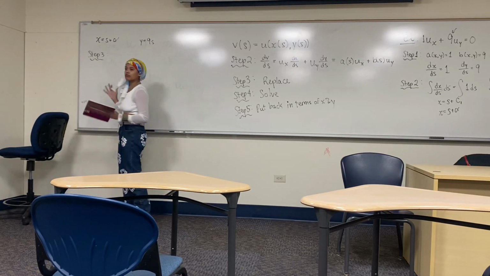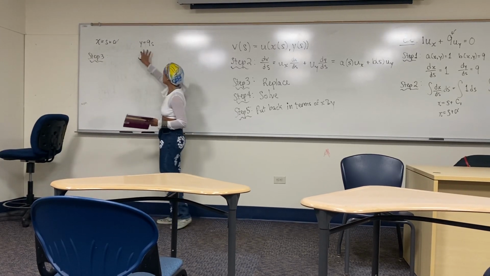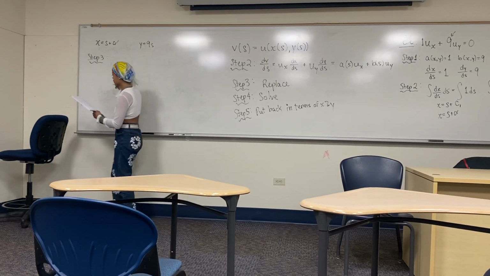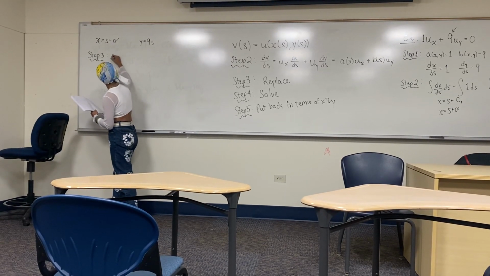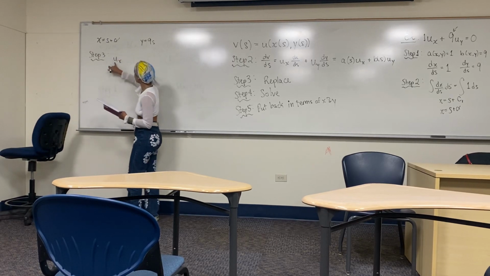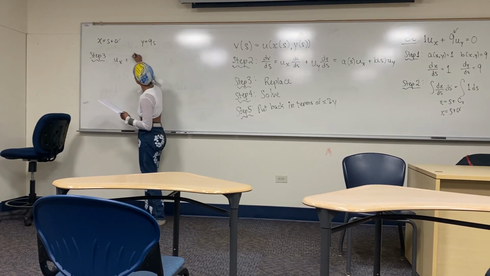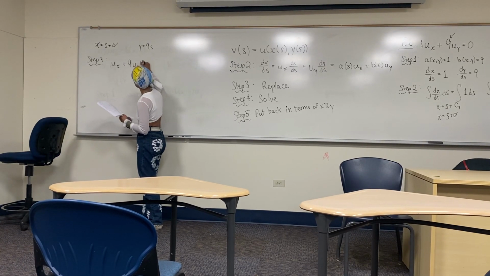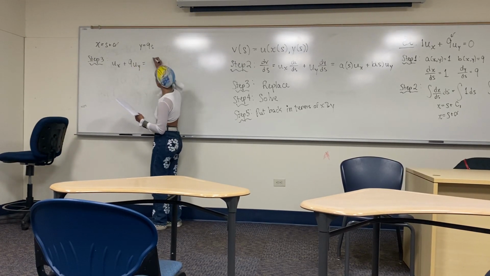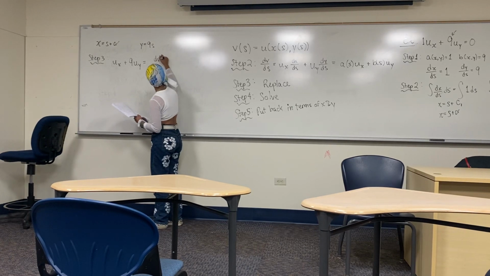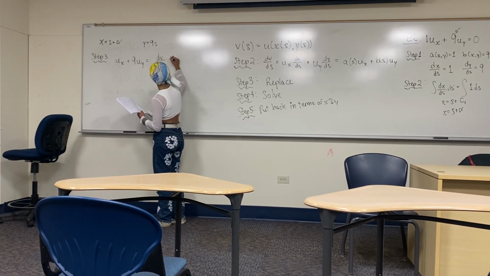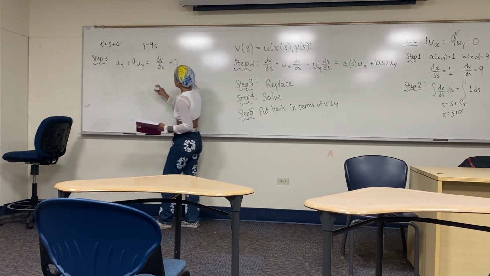And that's just rewriting the equation with respect to our new variable. And what that is, the partial of u with respect to x, plus 9 times the partial of u with respect to y, just equals the derivative of v with respect to s, which equals 0.